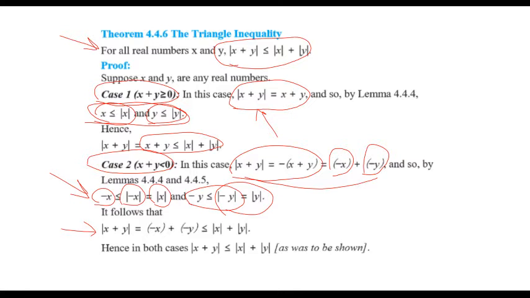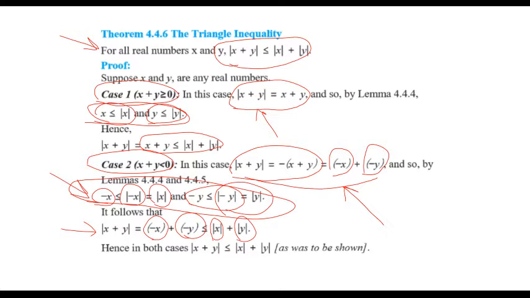We say the absolute value of x plus y is equal to negative x plus negative y based on this equation, and by combining these two inequalities, we get negative x is less than or equal to the absolute value of x, and negative y is less than or equal to the absolute value of y.